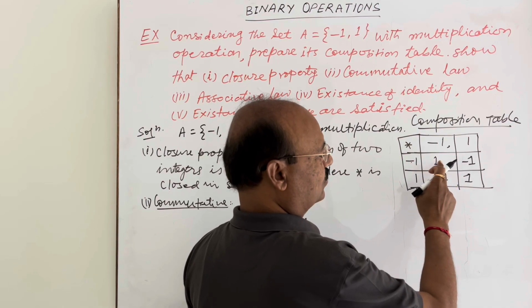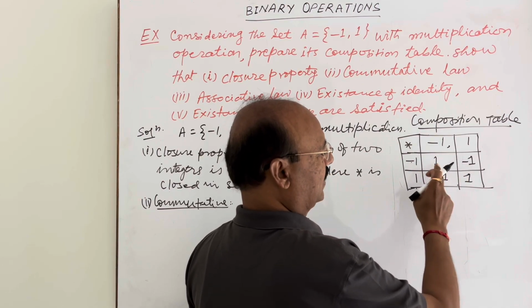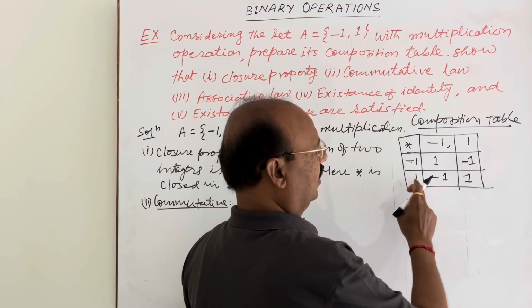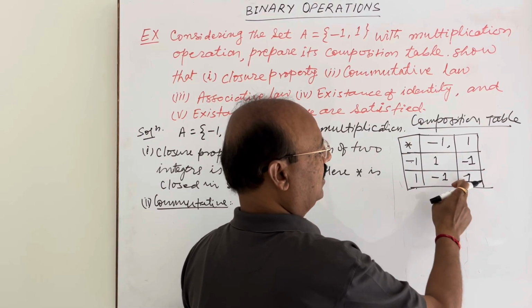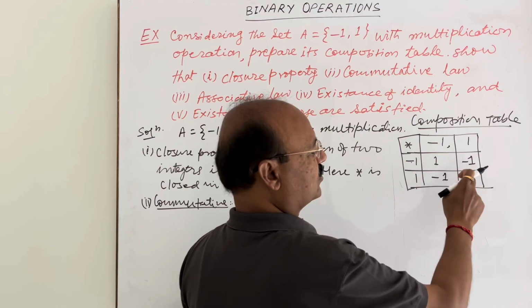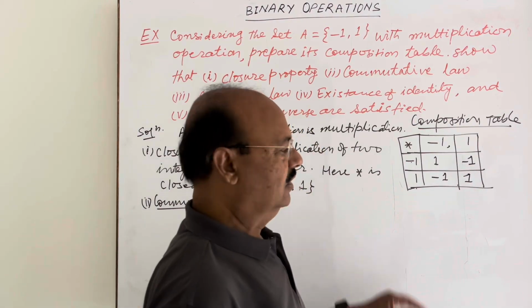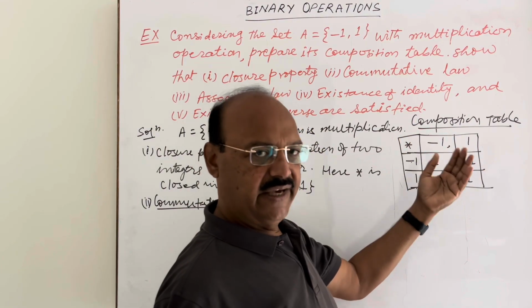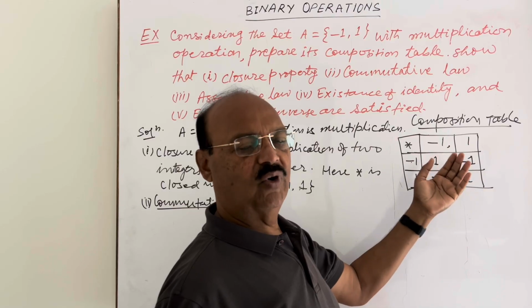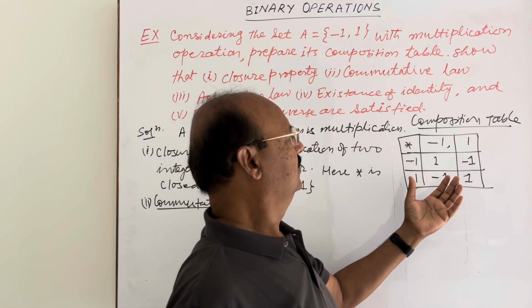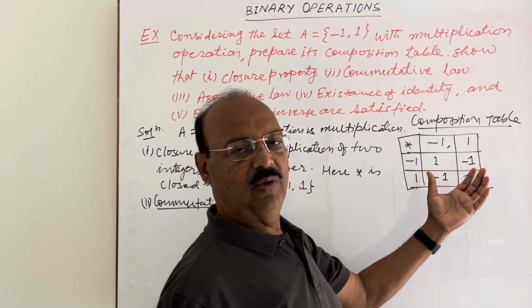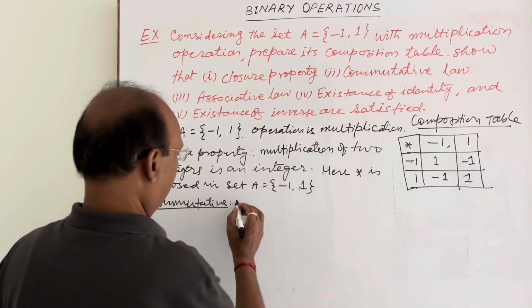Here in the first row 1, -1, in the first column 1, -1. In the second row -1, 1, in the second column -1, 1. So when rows coincide with the corresponding columns, then the operation is commutative.